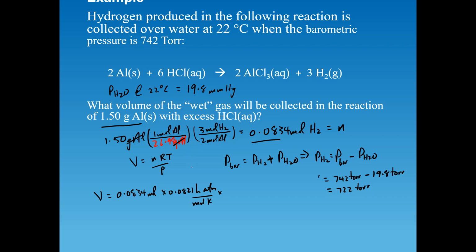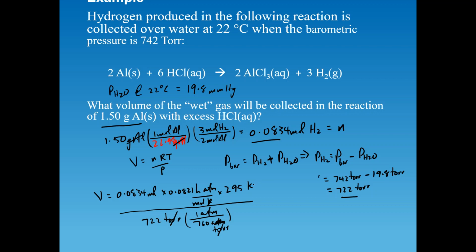So that goes here. And then we divide all of that by the pressure. Now the pressure is given in torr, 722 torr, but we have to convert that to atmospheres. So we convert that by using this conversion factor. And basically, I'm sorry, this should be torr. And basically that's it.